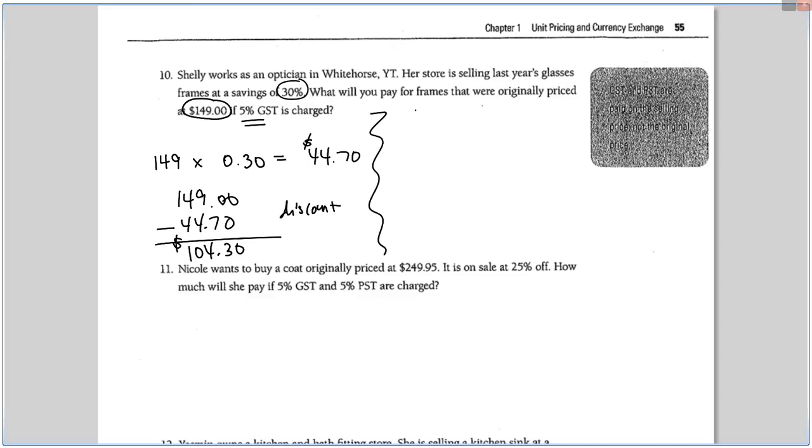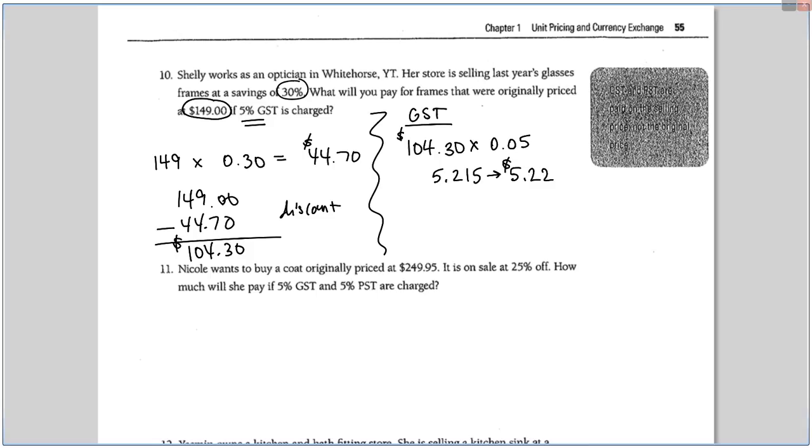Now you have to add on the GST. So you take that discounted rate, times it by GST, which is 5%. So you have to convert that to decimal like always. Times by the discounted price. It's 5215, so round that up, 522.